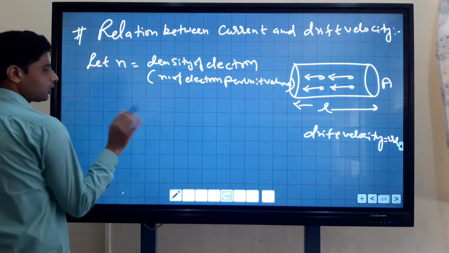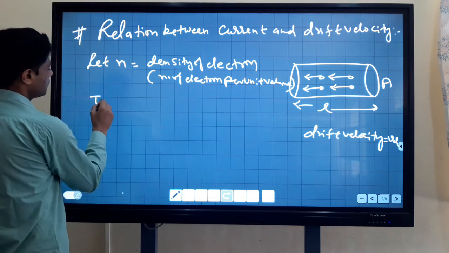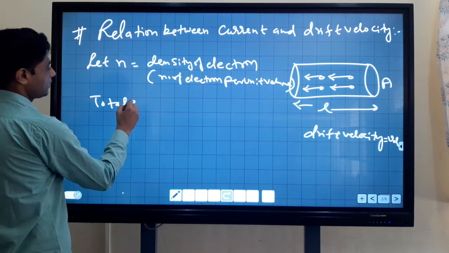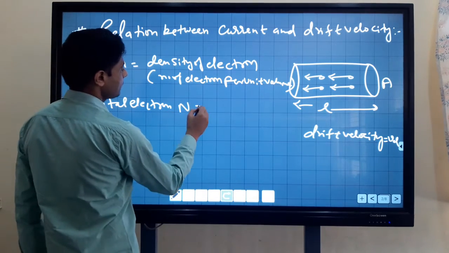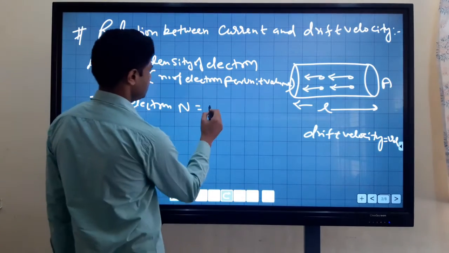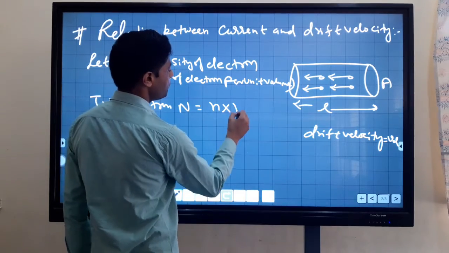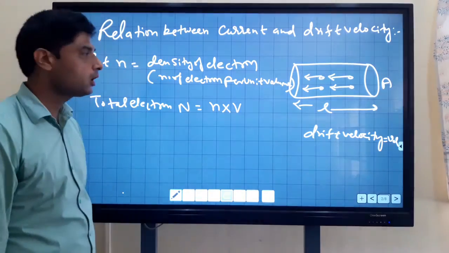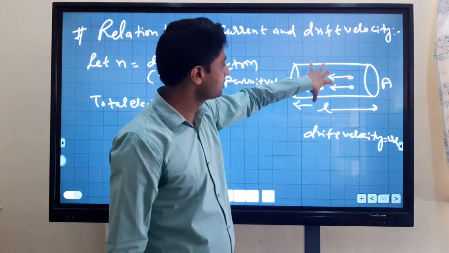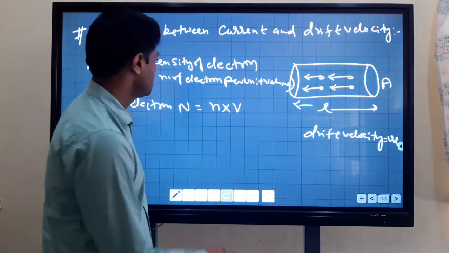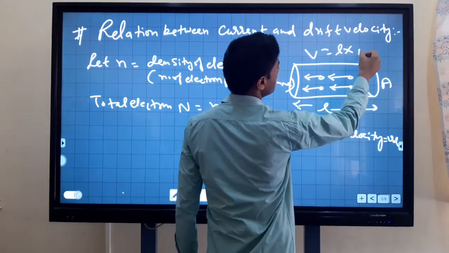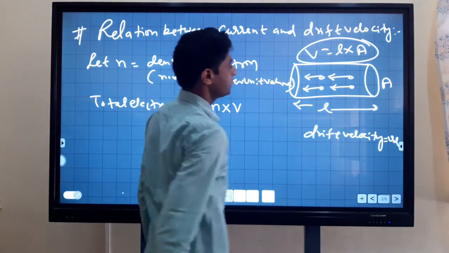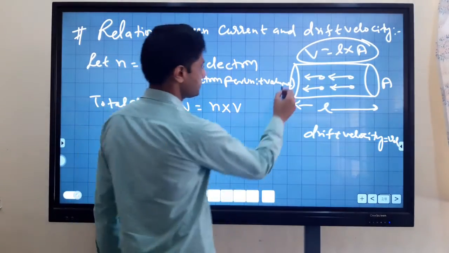The total number of electrons equals n into V, where V is the volume of this conductor, and the value of volume V equals L into A.